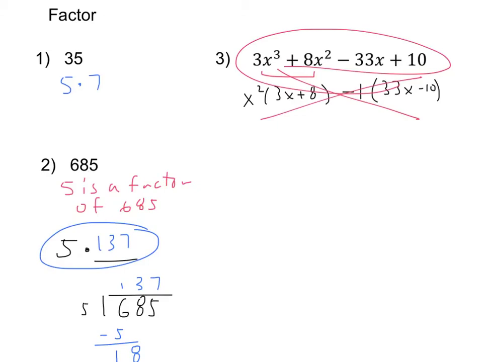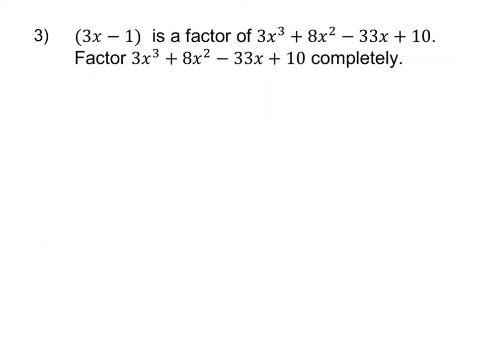Let's restart number 3, but I'm going to give you a little bit more information. We still want to factor the same polynomial, 3x cubed plus 8x squared minus 33x plus 10. But now I'm going to tell you that 3x minus 1 is a factor of this polynomial. What does that mean?